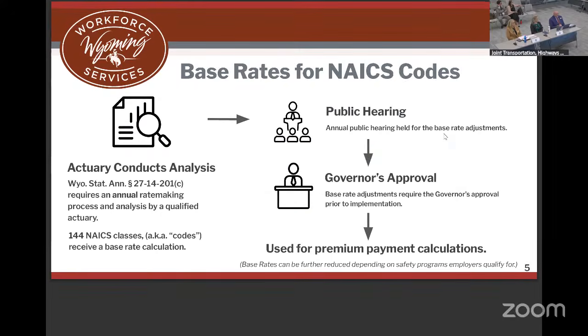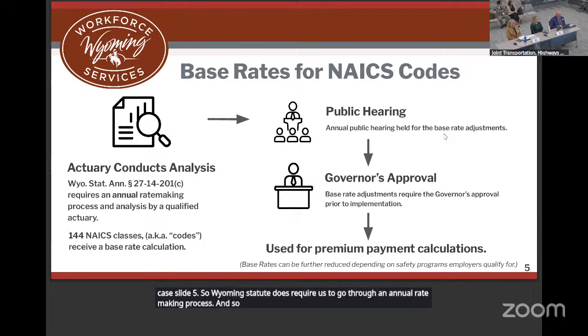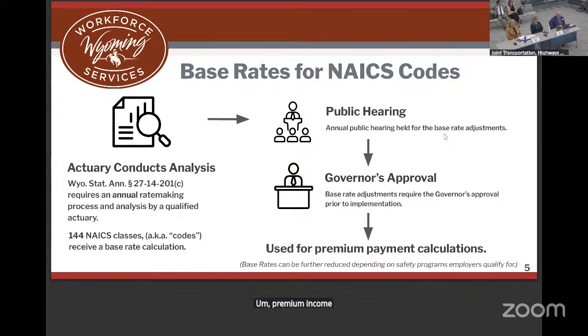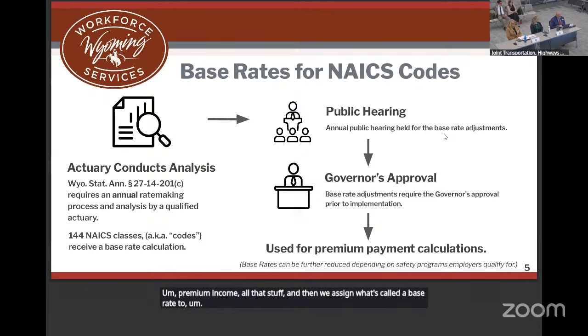Slide 5. Wyoming statute requires us to go through an annual rate making process. We have a contracted actuary who analyzes all of our documentation, payments, premium, income, and so on. We then assign what's called a base rate to 144 different NAICS codes.